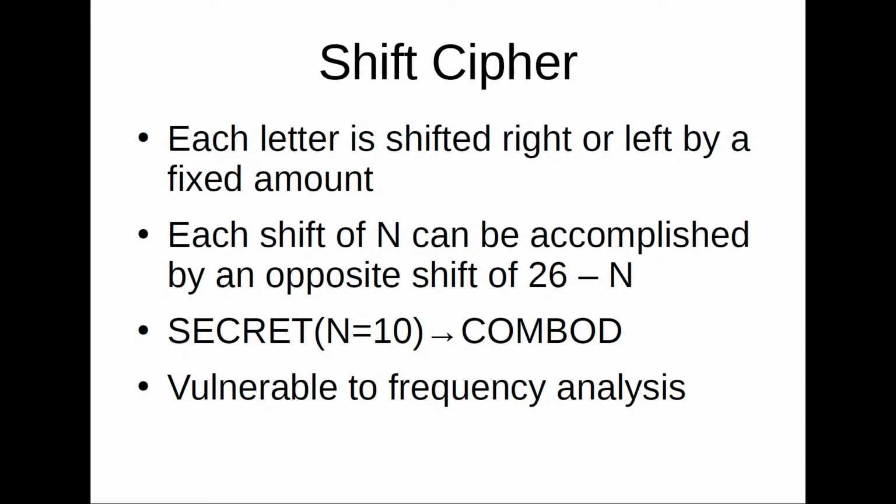And then you can make a pretty good guess that each O actually represents an E. And from then you can calculate the shift and then shift everything over to undo it. But that's the more complicated way, because with the shift cipher there's only 26 possibilities, so you can just shift it over by 1, shift it over by 2, so on and so forth until you get a sensible result.